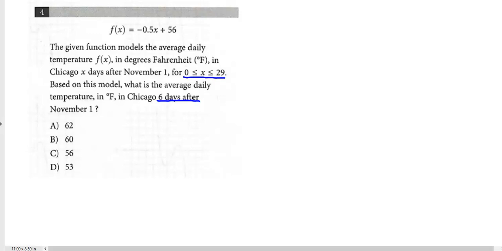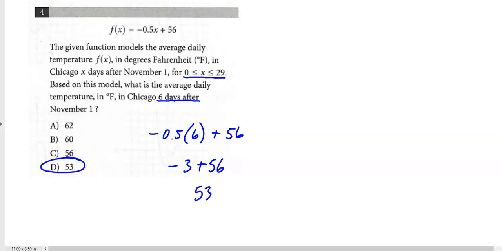X is the number of days after the 1st. So I need to put a 6 in for my x. When I put a 6 in there, I get negative 0.5 times 6 days plus 56. Well, half of 6 is 3, so negative 3 plus 56, or 53 degrees. So the correct answer here is D.